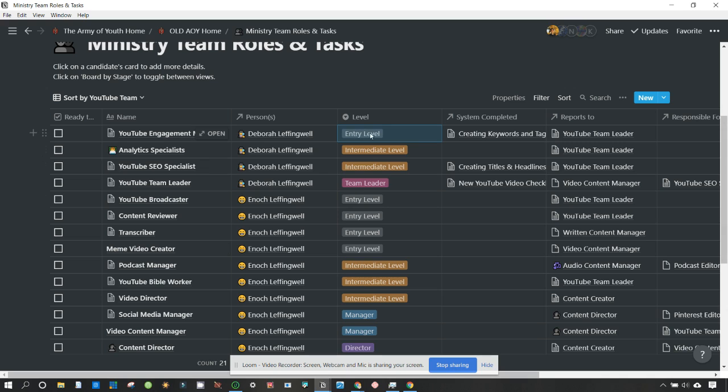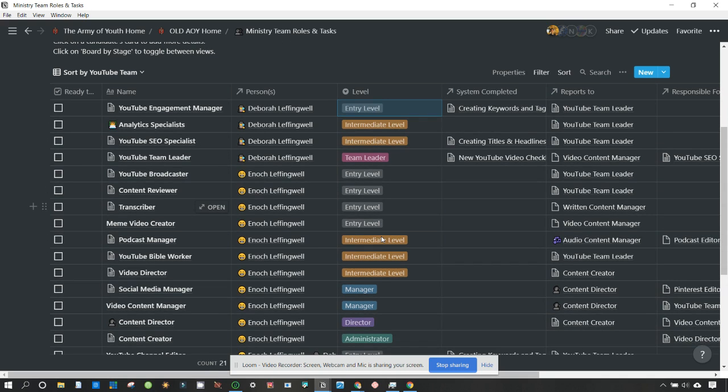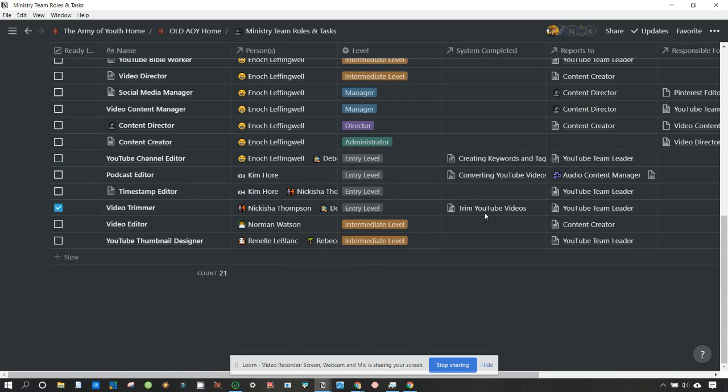And then we're able to identify what are the entry-level positions and then go to work creating the systems to establish that. So in order to do that, we have this column over here about systems completed. These are the ones that we want to create. So for instance, we've got a video trimmer.